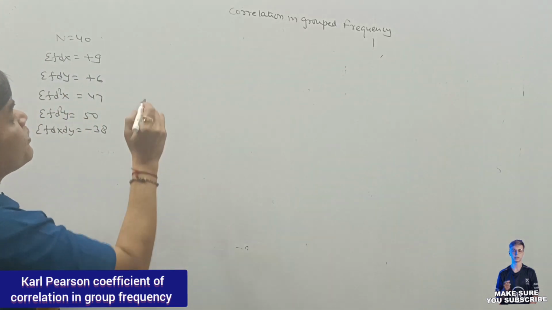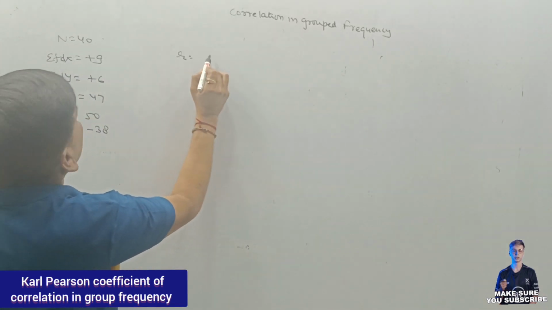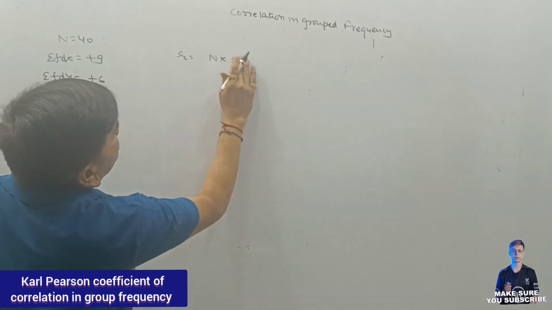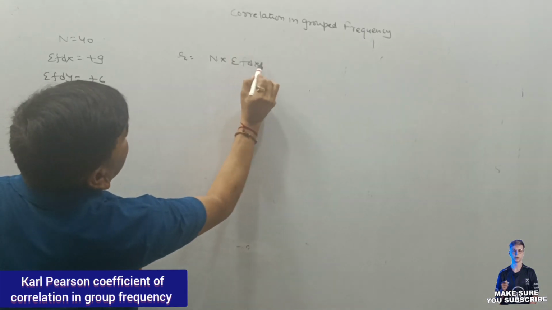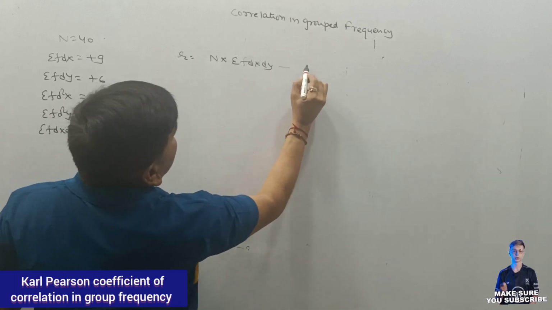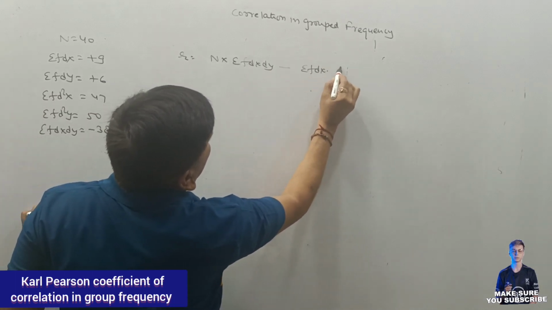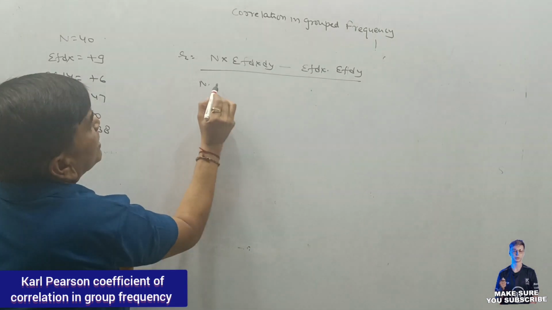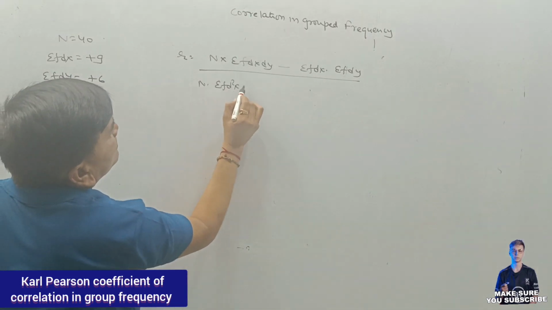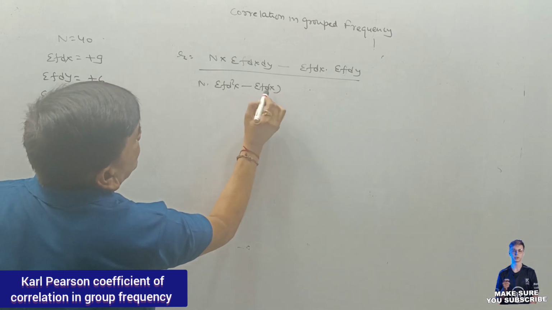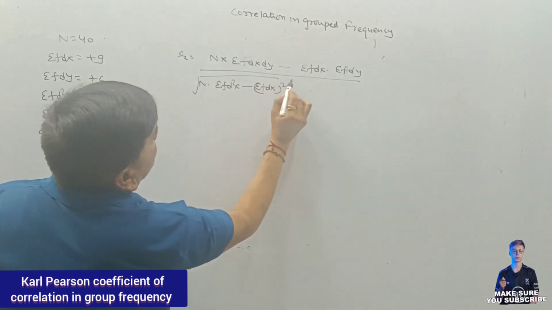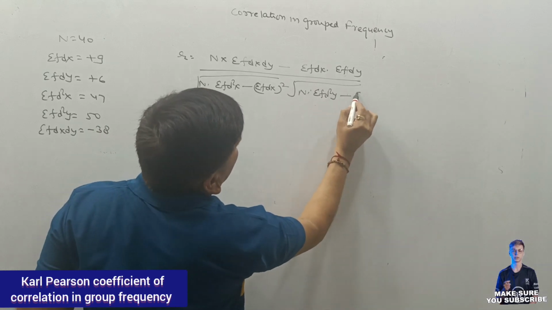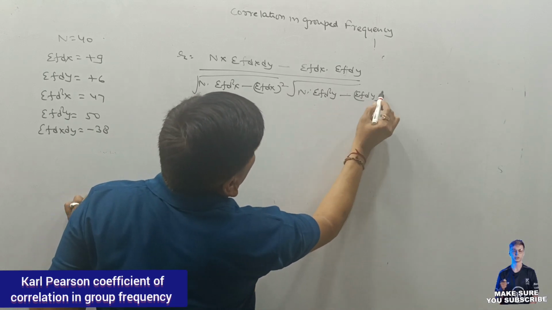So the formula is R is equal to n multiply sigma f dx dy minus sigma f dx multiply sigma f dy, divided by under root n multiply sigma f d square x minus sigma f dx whole square, n multiply sigma f d square y minus sigma f dy raised to power 2.